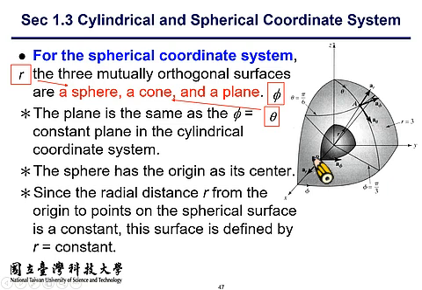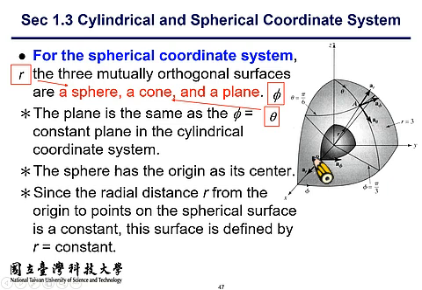Next is phi. Well, its definition is similar. I cannot say the same as the phi in the cylindrical coordinate system. They are similar, but not the same. It's the angle between the x-axis and the projection of R on the xy plane, and the angle between the projection and the Ax direction is your phi angle.